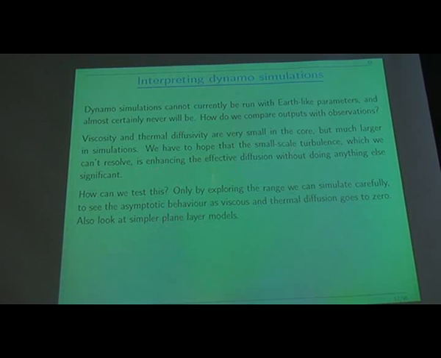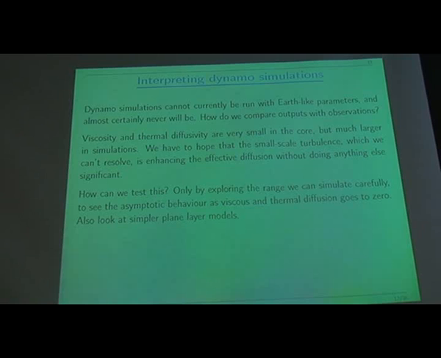So what we've got to do is try to estimate what the effect of enhancing and reducing the thermal diffusivity is. In other words, essentially try and develop what are called scaling laws to see how the asymptotic limits are actually approached. And that's another very active area of research at the moment. So rather than just doing a run at a fixed value of Ekman number or fixed value of Prandtl number, what we're doing is varying those Ekman numbers and Prandtl numbers and trying to see what the asymptotic behaviour is as these numbers become small.